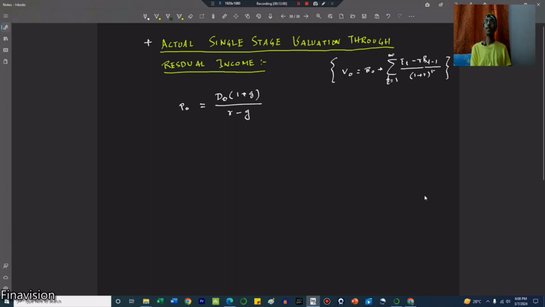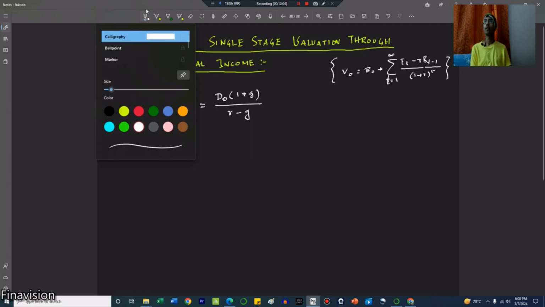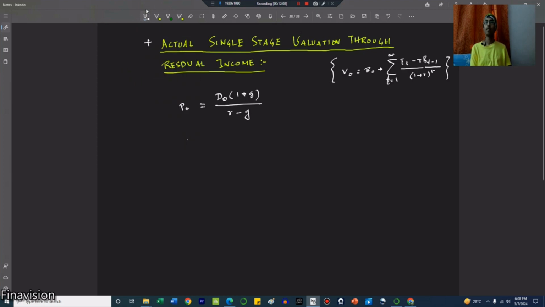Now, if we divide both sides by the forward looking earnings, that is E1, what do we get? P0 by E1 is equal to D0 by E1 into (1 plus g) by (r minus g).